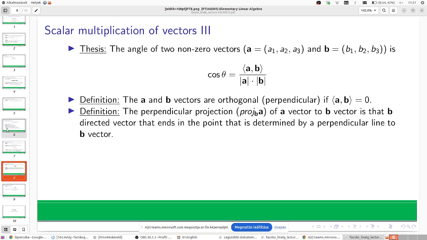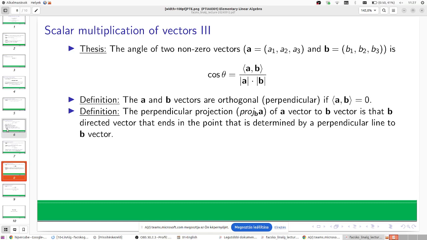you will learn in algebra what is orthogonality. There is a general term. So if A and B vectors are perpendicular, then their scalar multiplication is 0. It's trivial because you have A and B. The angle between A and B is 90, so the cosine is 0. So then it's 0. So if you see that, it's also a tool.